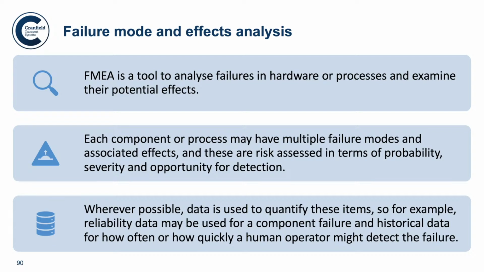What's the probability of this thing being detected in some way? We can see how that can build into quite a comprehensive analysis with that quantification, with those probabilities around each of the different opportunities for detection and each of the different effects and so on.